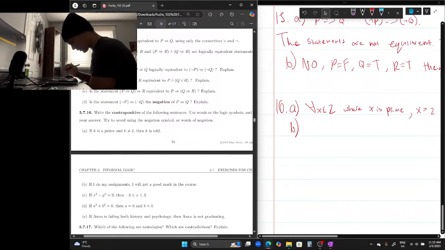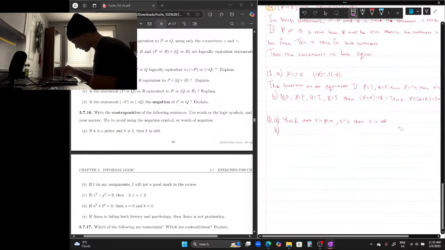So, if I do my assignments, I'll get a good mark in the course. I'm writing the contrapositive too, so this has to be switched around a bit.